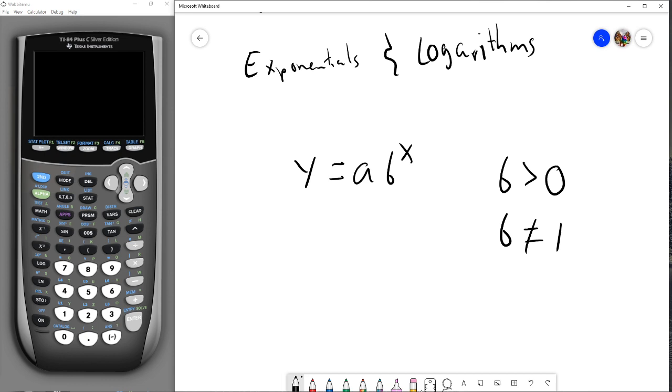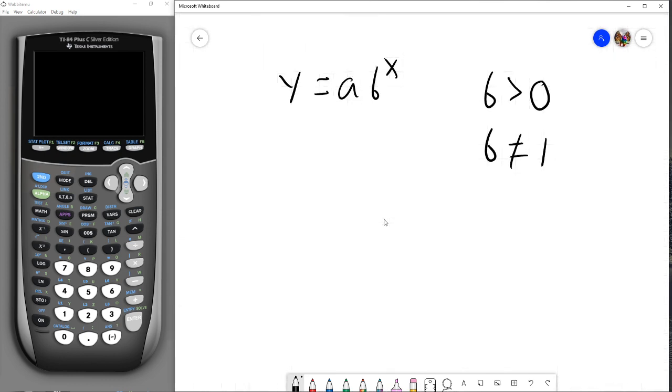And with that, we define the inverse exponential function to be the logarithm.